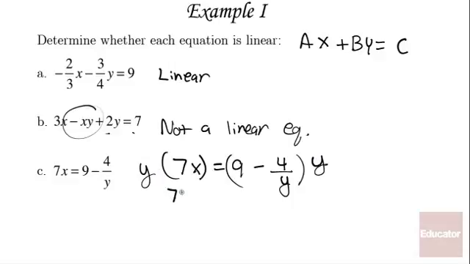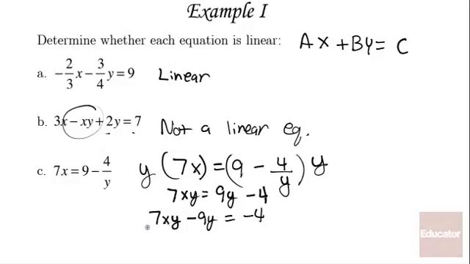What that's going to give me is 7xy equals 9y minus 4. Great. Now I got rid of the y in the denominator. To make this look more like standard form, I'm going to subtract 9y from both sides. So I'm going to have 7xy minus 9y equals negative 4.